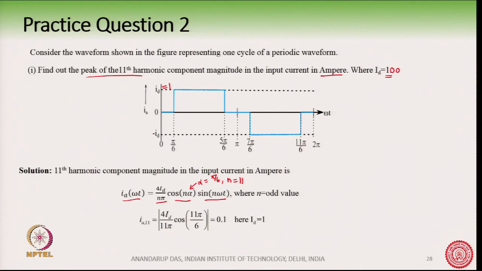We are trying to find out the 11th harmonic magnitude. Substituting the values, 4 Id by 11 pi cos 11 pi by 6, which comes out to be 0.1 if you take Id equal to 1. If you take Id equal to 100, it will come out to be 10 or so. So, this is the magnitude and you can find it out easily.